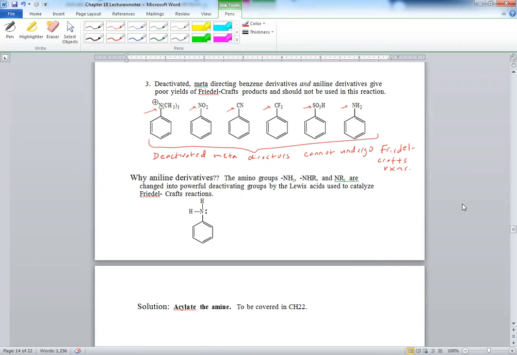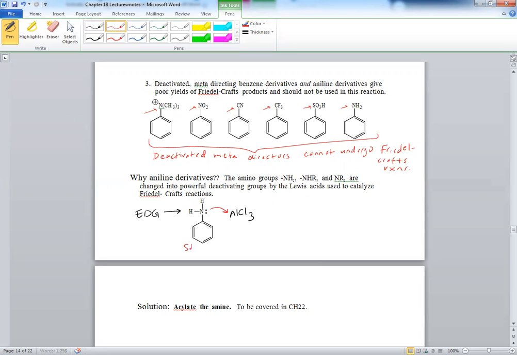Aniline has the amine group, which is an electron donating group, and what's going to happen is that when you add the Friedel-Crafts, one of them is the catalyst, AlCl3, the amine group is going to react with the aluminum chloride.